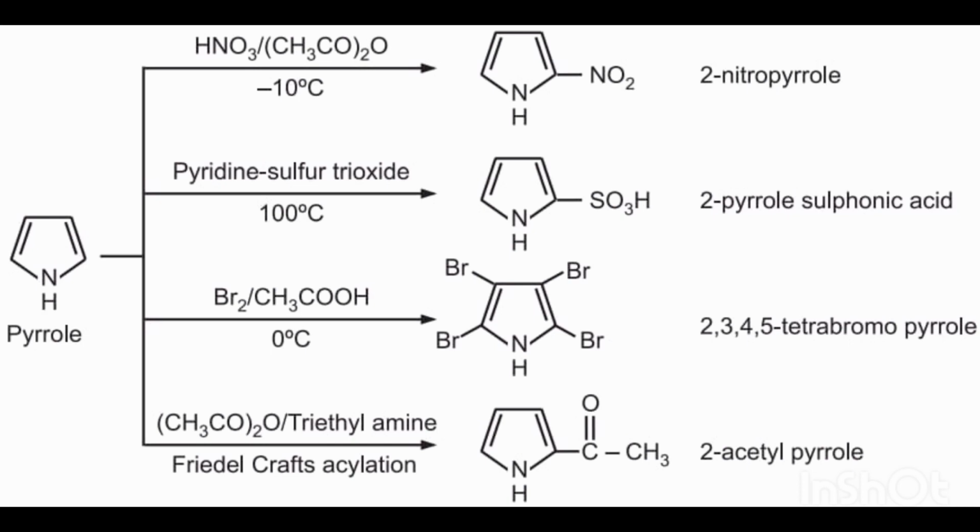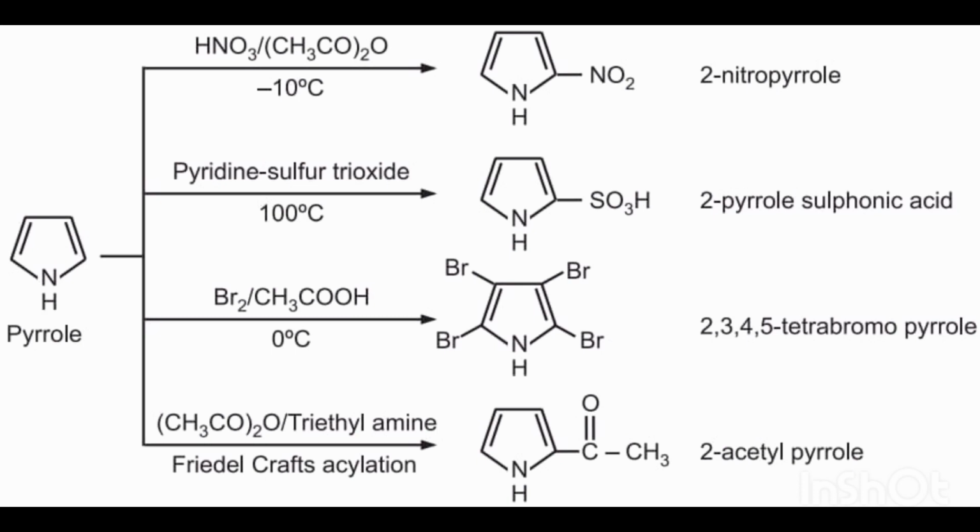Here the halogenation occurs not only at the second position but also at the third, fourth and fifth positions. So pyrrole on bromination at 0 degrees Celsius in the presence of acetic acid gives 2,3,4,5-tetrabromopyrrole.